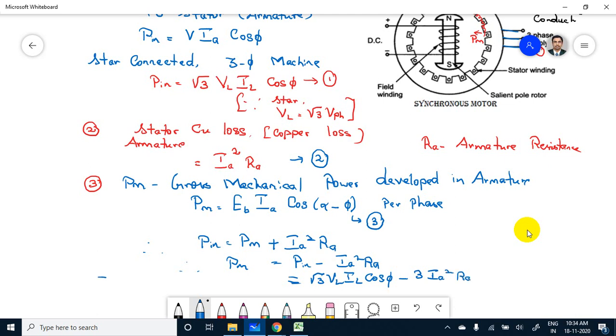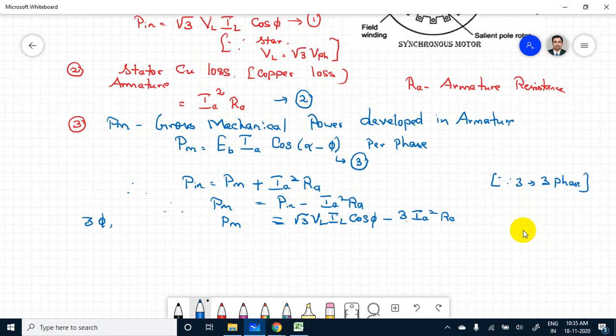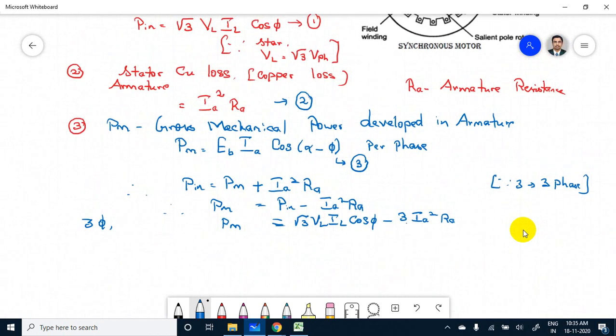Okay, so for 3 phase system, the mechanical power developed in rotor, PM equal to root 3 into VL IL cos phi minus 3 into IA square RA. This 3 stands for 3 phase supply to the rotor. Okay, so fourth stage.